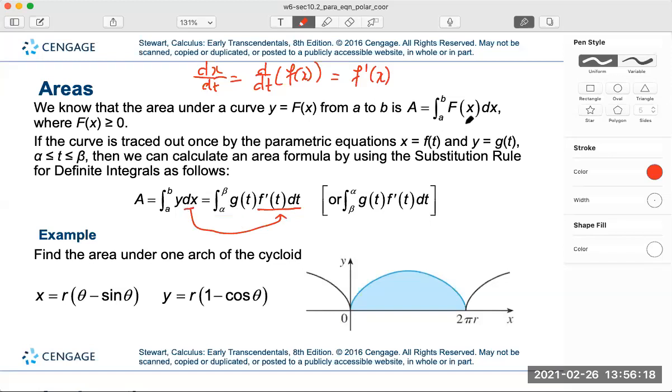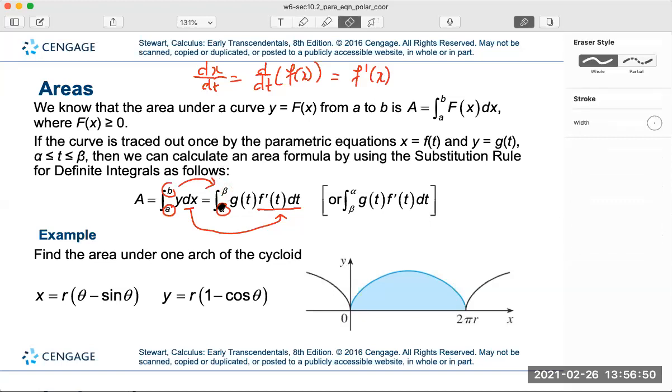And y is a function of t here. It's similar to making a change of variable, right? Previously, we used the variable x, and now we can use the variable t. It is a definite integral, so we also need to change the limits. The lower limit is the corresponding value alpha here, and b becomes beta here.